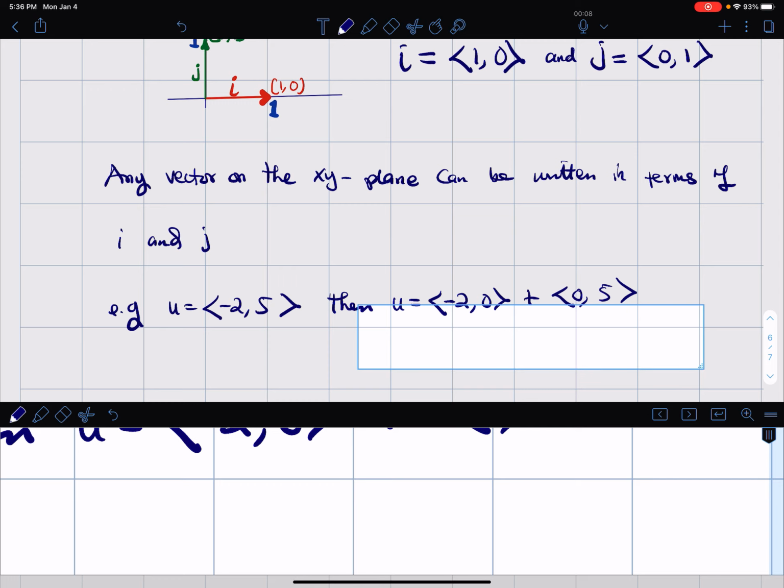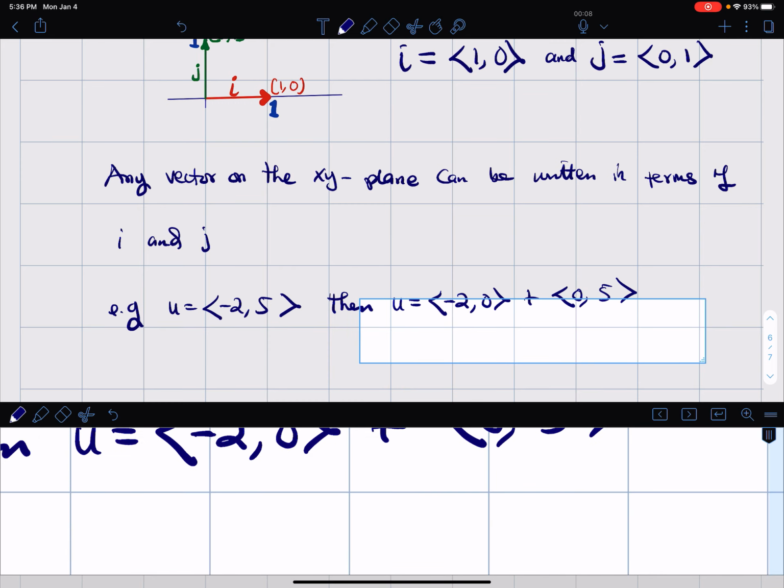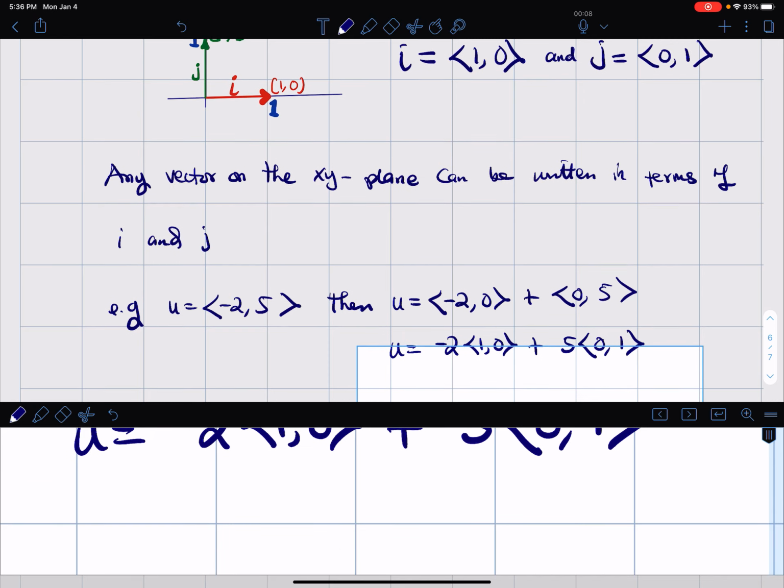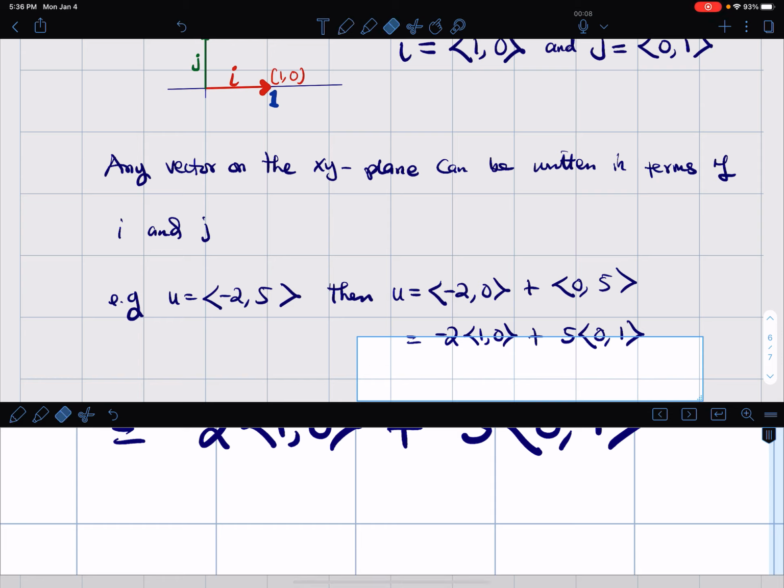See that? This means we can write u as -2 times (1, 0) plus 5 times (0, 1). And we can now express u as -2i plus 5j.